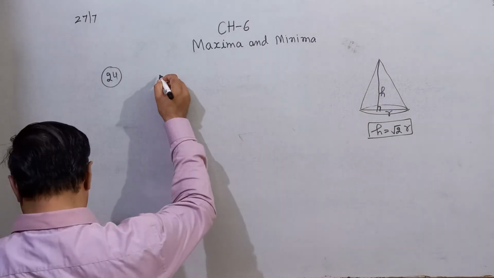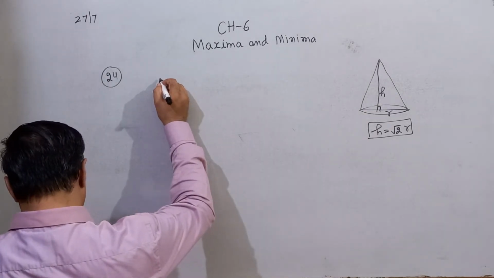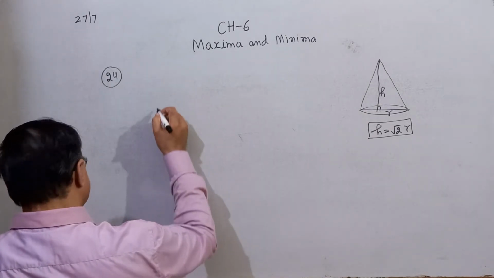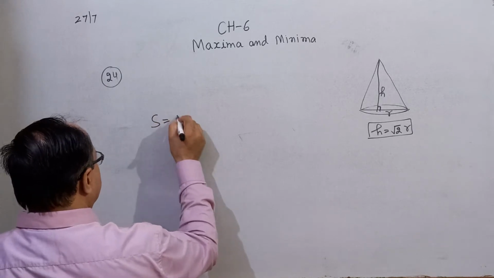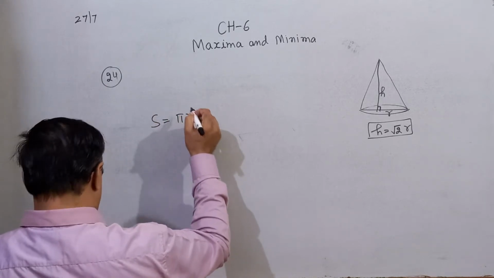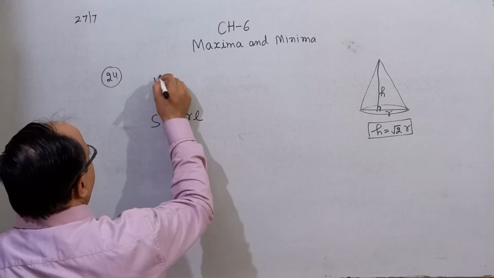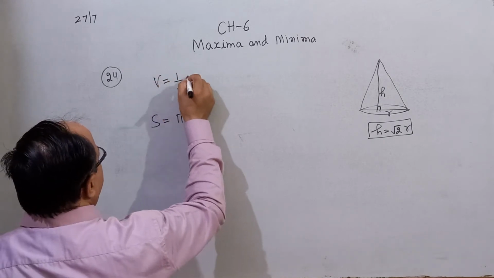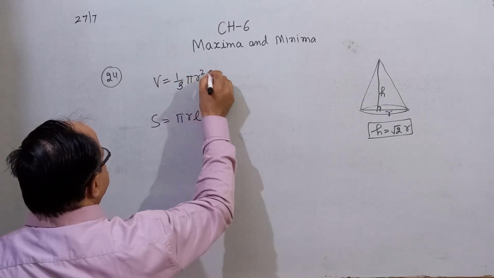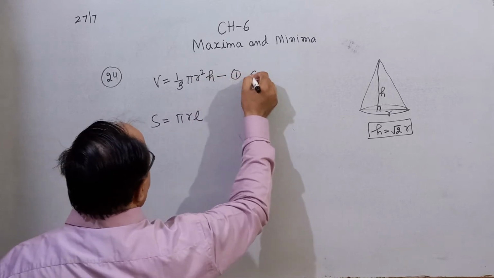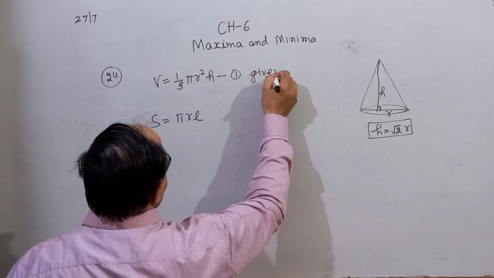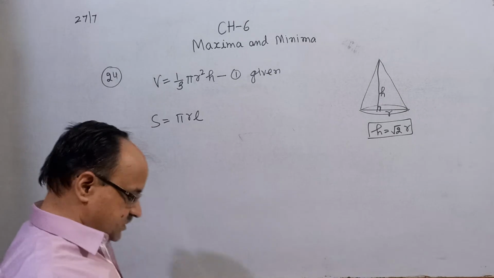And what is given in the question? Covered surface area is least. Covered surface area formula is pi RL, and given volume, volume of cone, that is 1 by 3 pi r square h. That is given. This is the question.